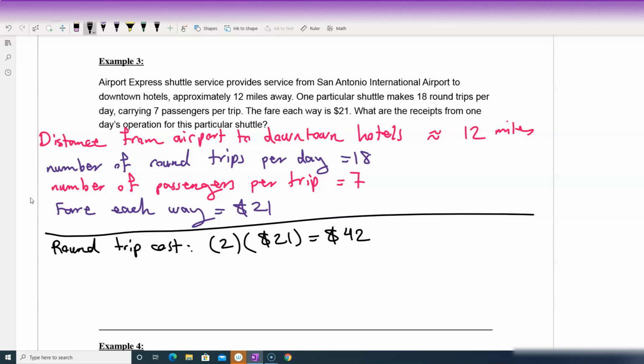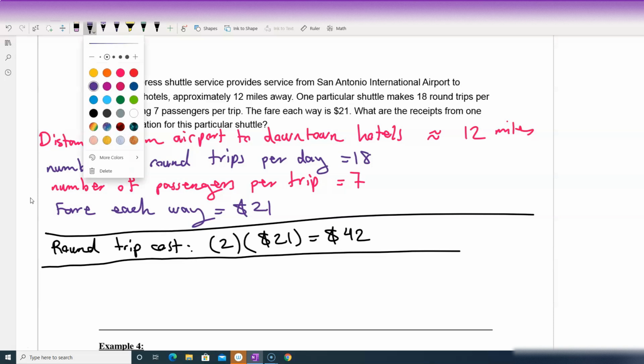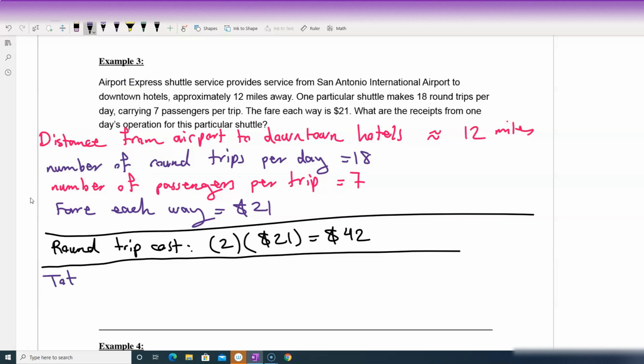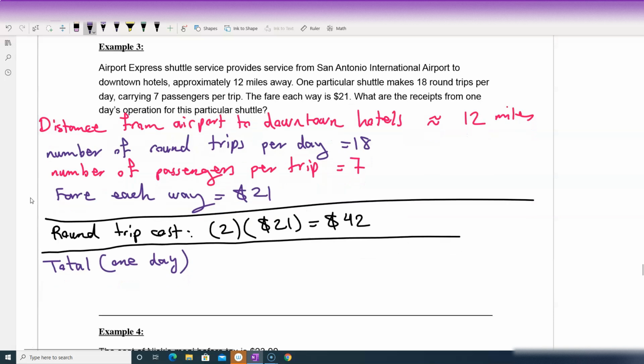After we got that, now finding the total for one day's operation.